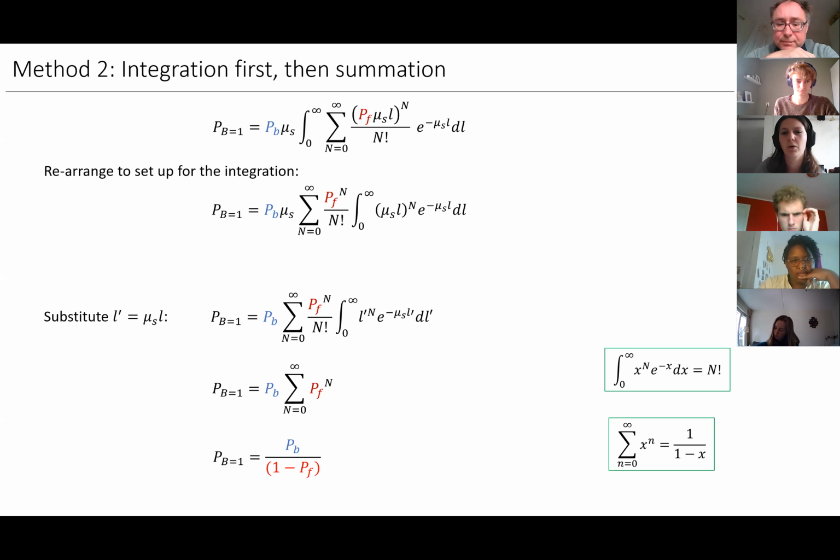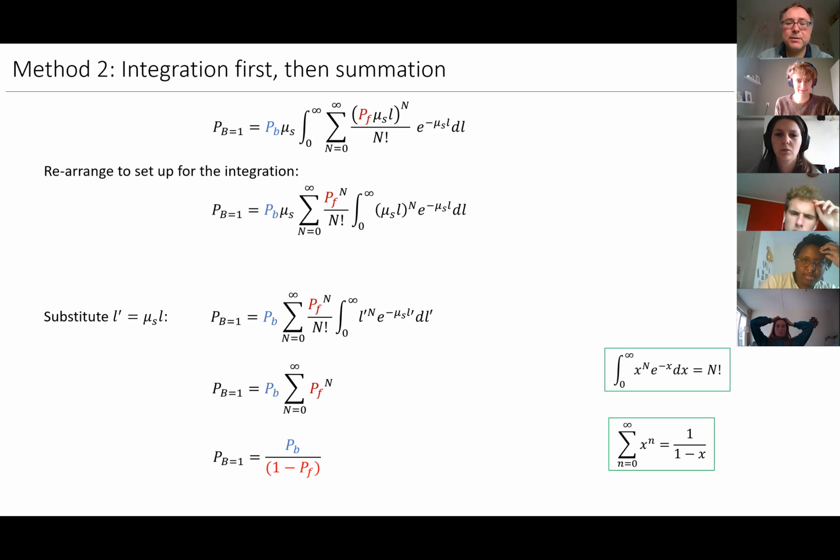We have the mu s in there, right? So then we may have to define a new variable in order to make it work?